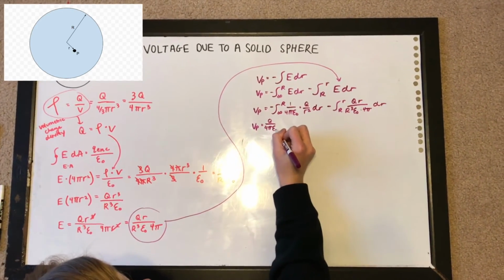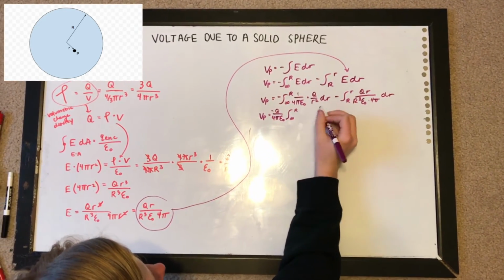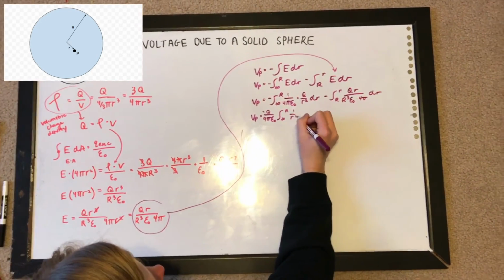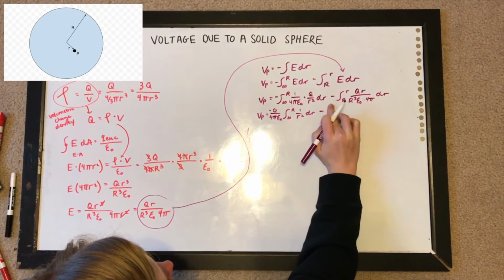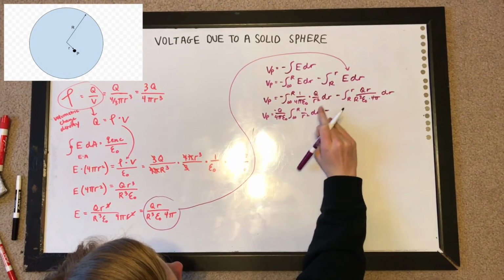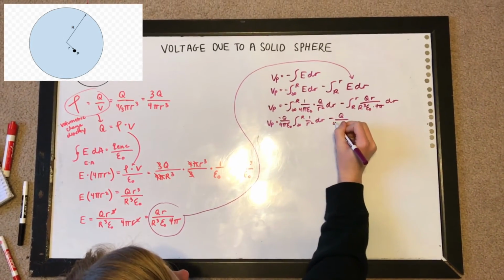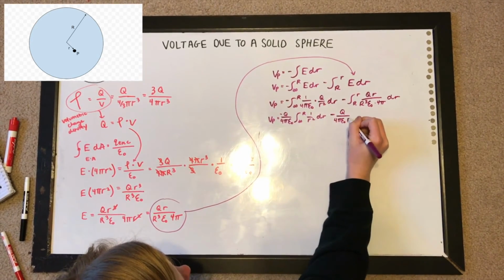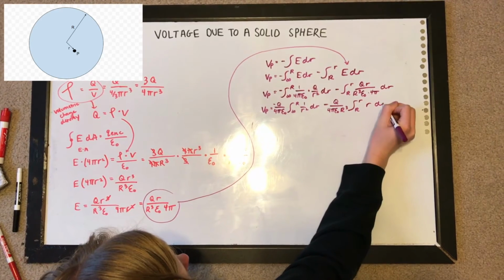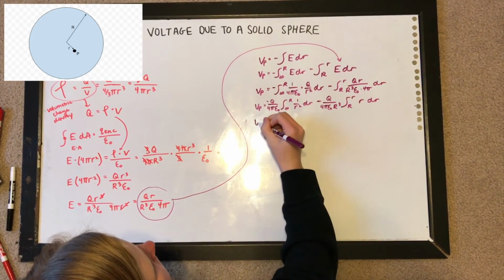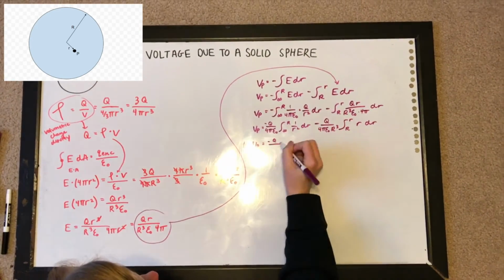And then the next step, you take out all of the constants. So for the first one, we're left with Q over 4 pi E naught, and then the integral of 1 over r squared dr, minus, taking out the constants from this side, you would take out Q over 4 pi E naught big R cubed, and you'd be left with the integral from big R to little r of r dr. Next, you would take the integral of each one.